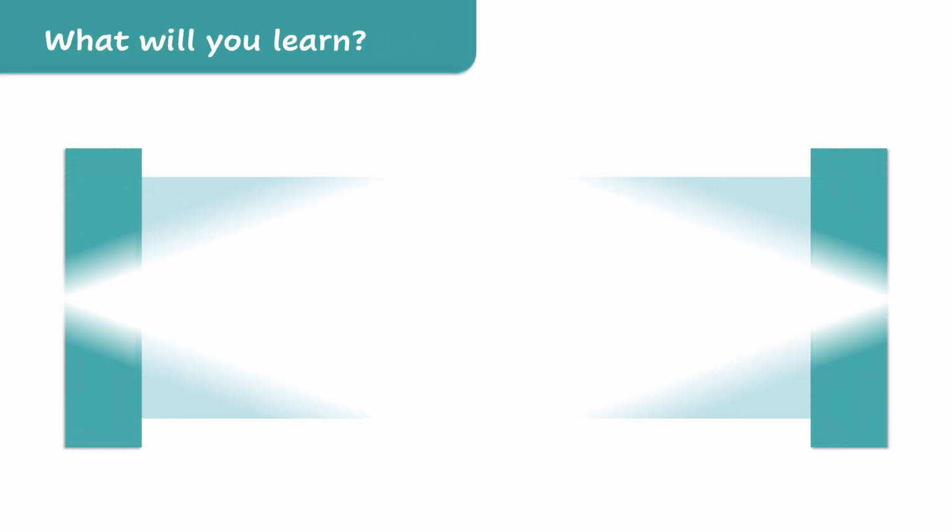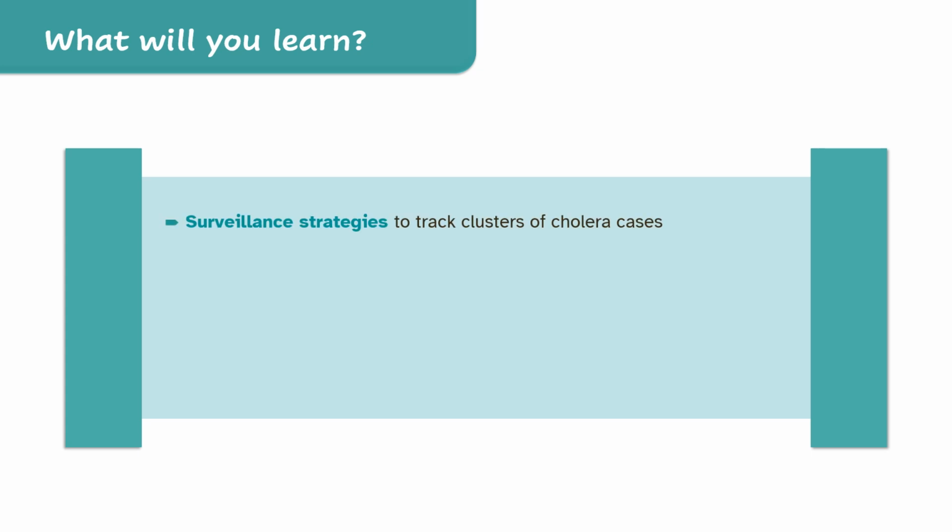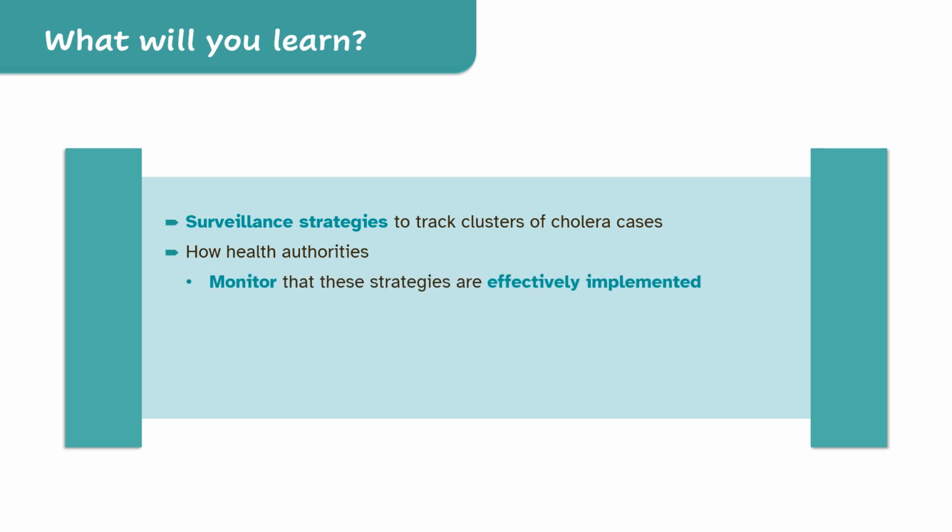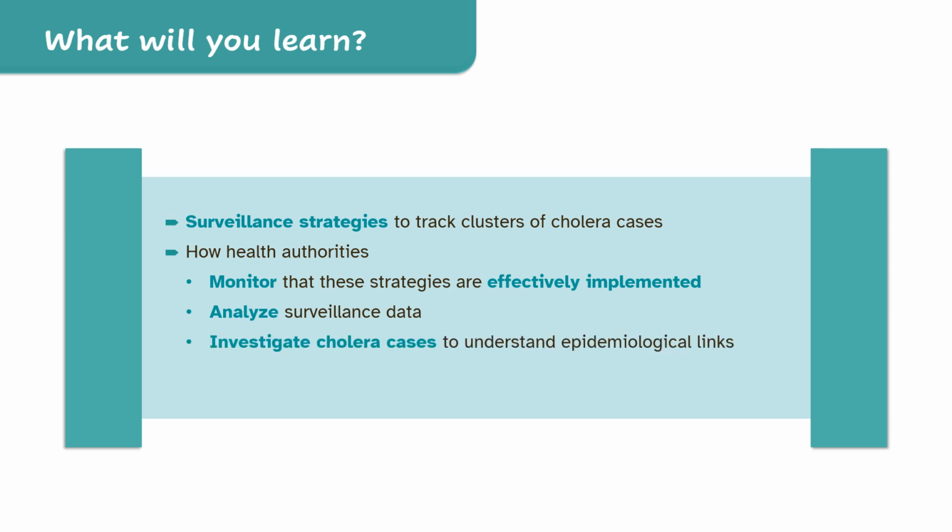After completing this module, you will be familiar with surveillance strategies to track clusters of cholera cases, including how health authorities monitor that these strategies are effectively implemented, how health authorities analyze surveillance data and investigate cholera cases to understand epidemiological links, and how health authorities disseminate findings to guide highly targeted interventions to interrupt transmission and prevent the onset of cholera transmission in the community.